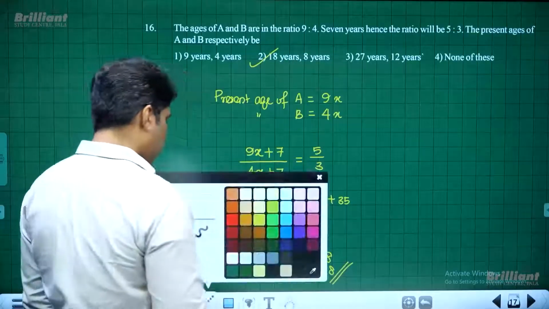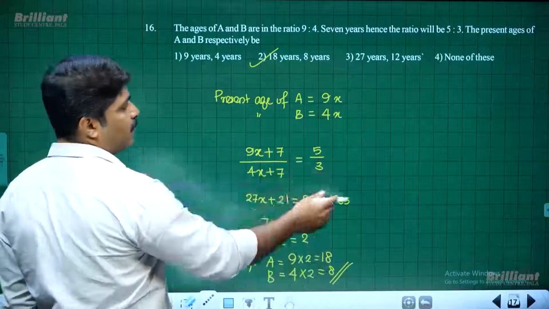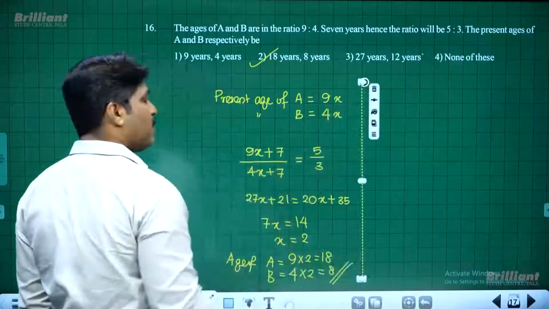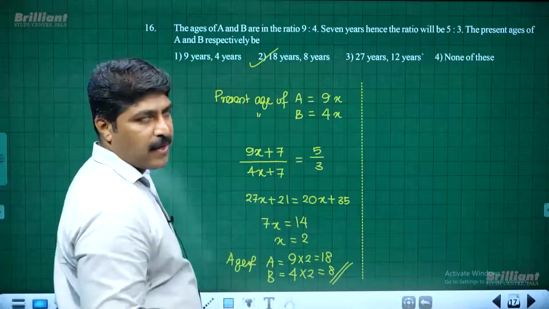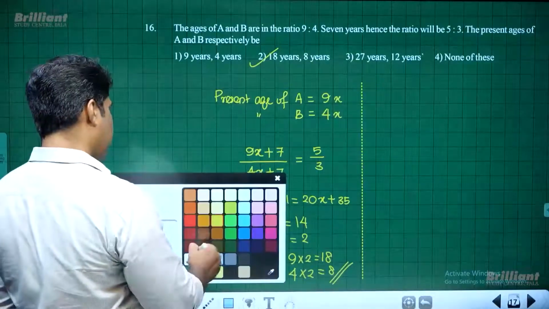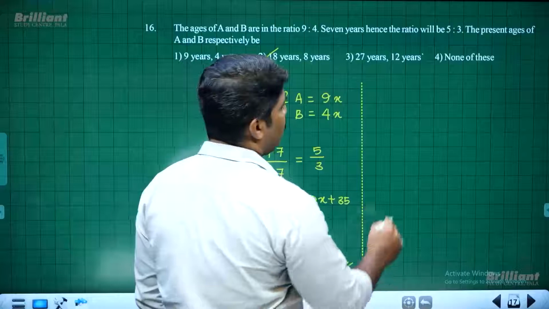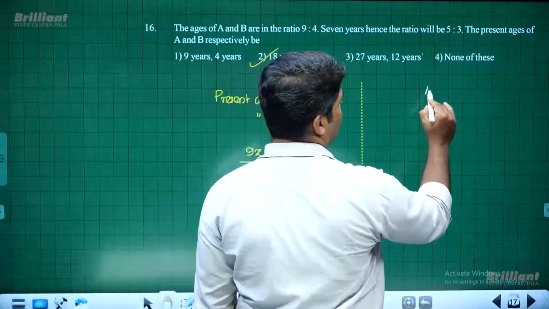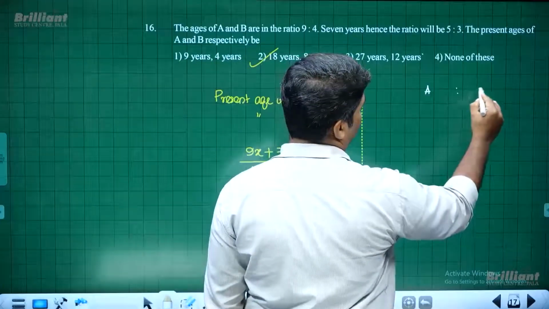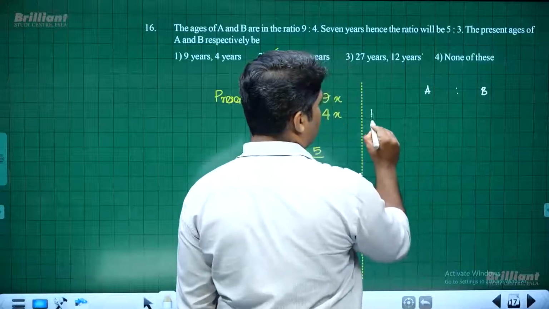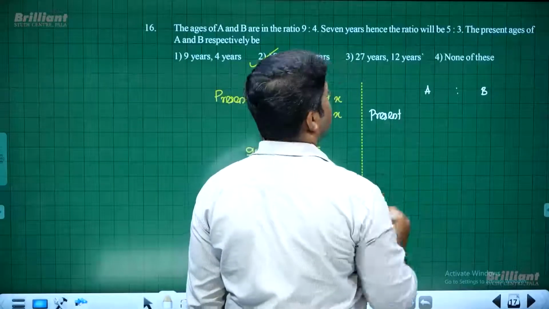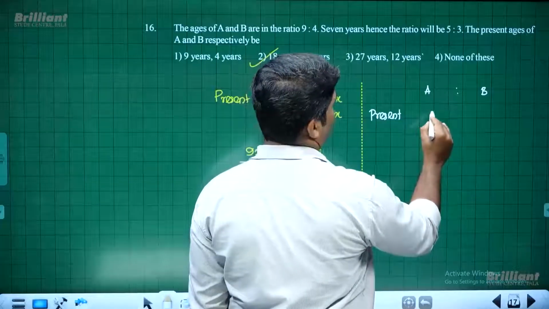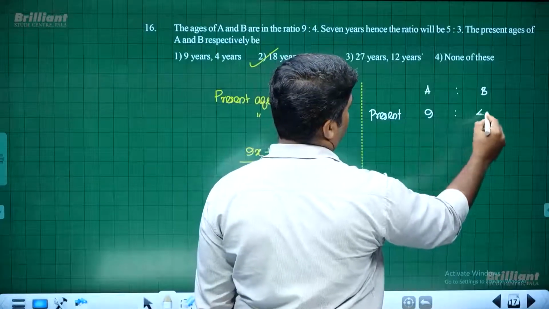I will teach you a most interesting approach towards this type of question. Whenever we get such a question, immediately what you want to do is a tricky approach. We consider the ages of A and B. Present, the ratio is 9:4.